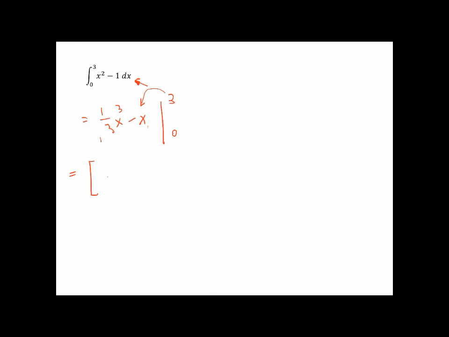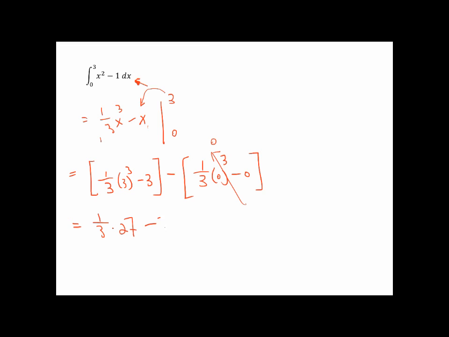So here is going to be 1/3 times 3 cubed minus 3, plugging in 3 for every x, minus 1/3 times 0 cubed minus 0. So actually this goes to 0. This is 1/3 multiplied by 27 minus 3, which is 6. Okay.